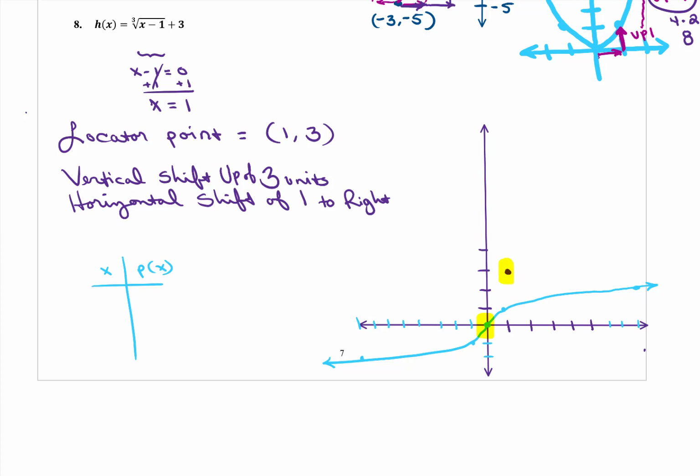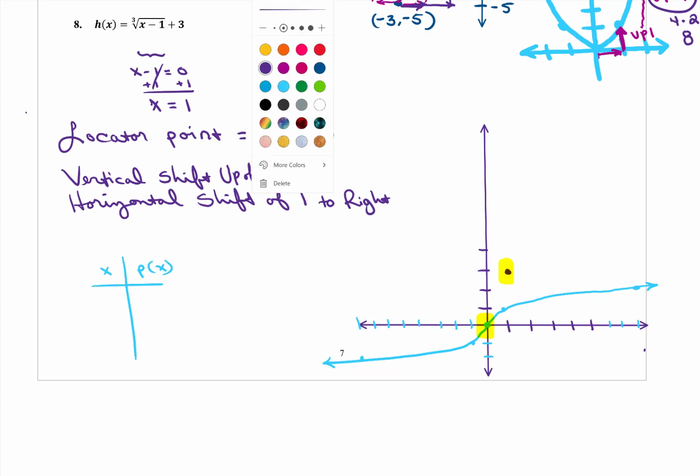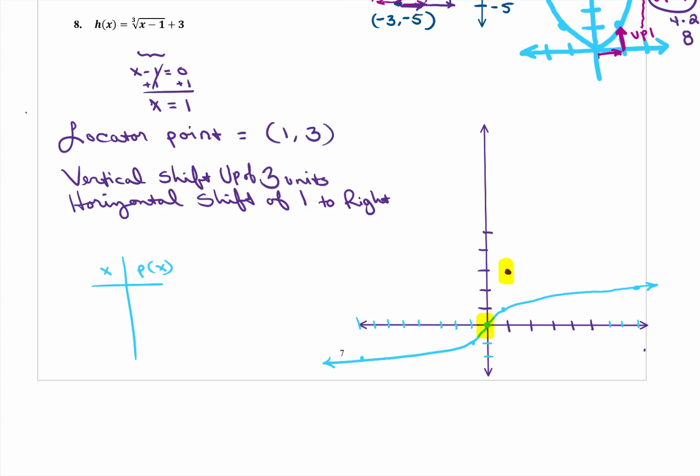I'm going to use the ordered pairs here. Which ordered pairs did I use? So it looks like I substituted into this: I used -8, I used -1, I used 0, I used 1, and I used 8 for my parent function.